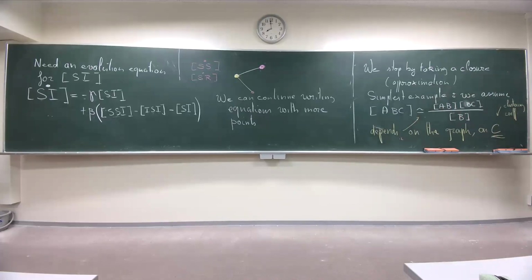If you have a big clustering coefficient, probably this approximation is not good. While if your clustering coefficient is very small, which means you have very few triangles, this approximation is better.